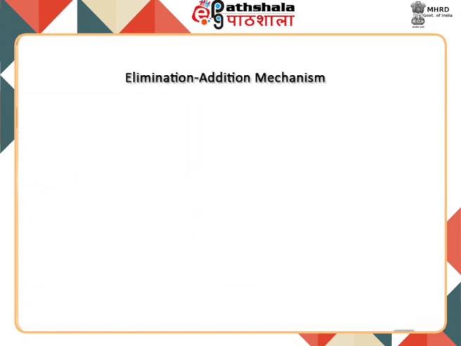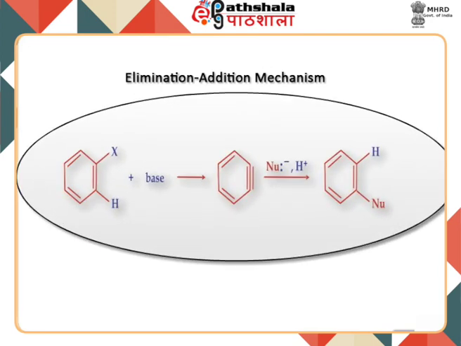Another example of the elimination-addition mechanism is the reaction of chlorobenzene with sodamide in liquid ammonia. In this reaction, chlorobenzene is converted to aniline via a benzyne intermediate.